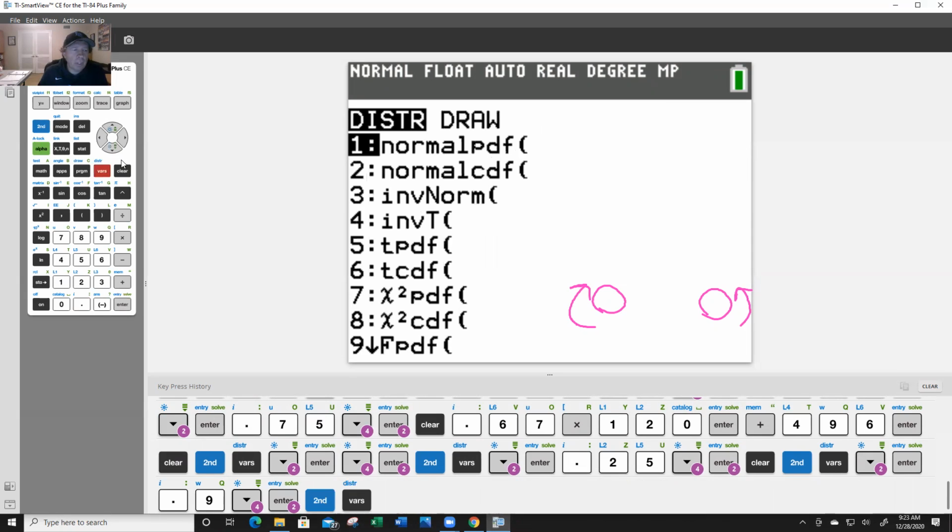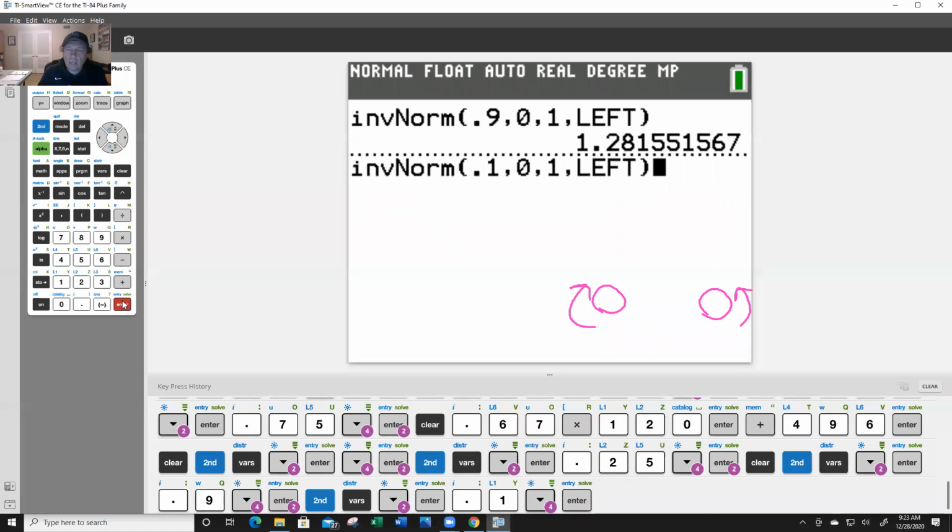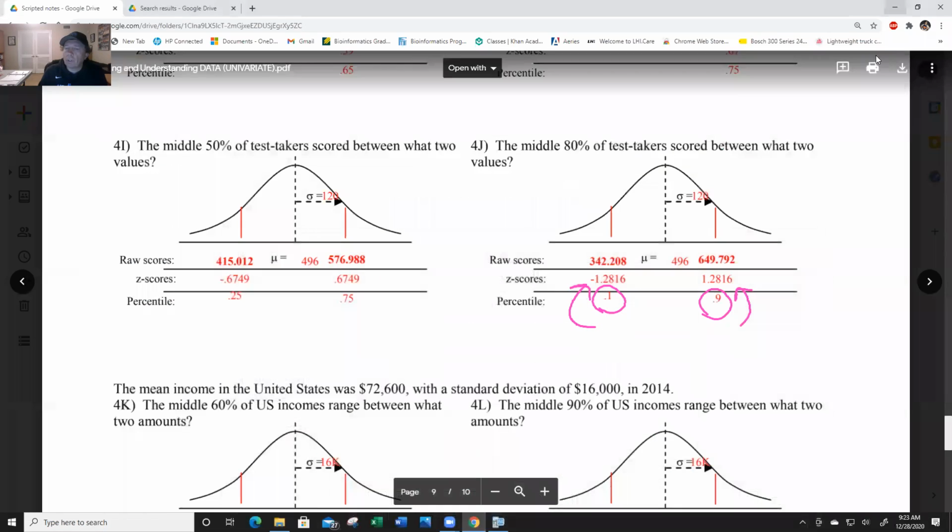Second distribution, inverse norm, it's going to be 0.1. That's going to be negative 1.28. So those are my two scores, and you can see that already on the chart there. Clear that real quick. I'll put arrows to them. So I did the inverse to get that there and there.